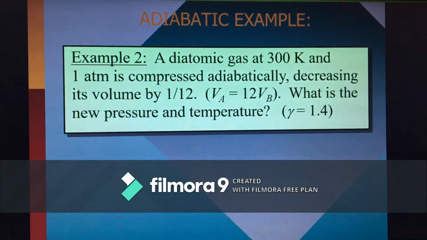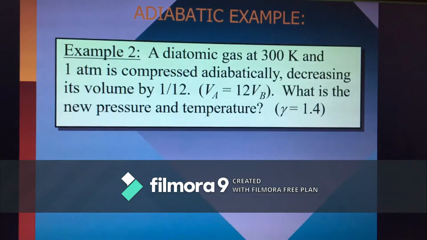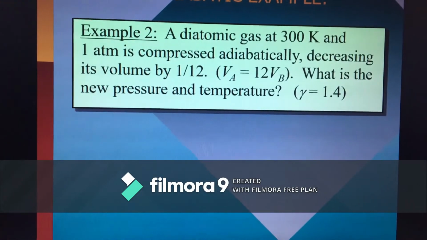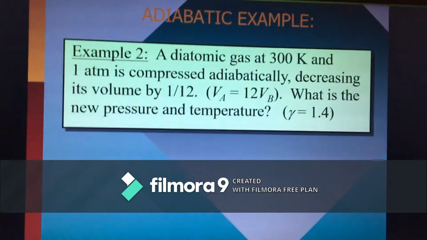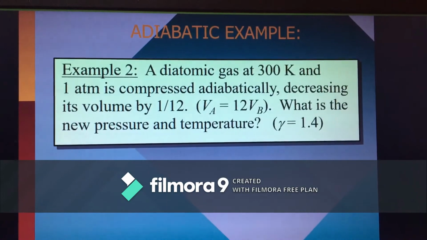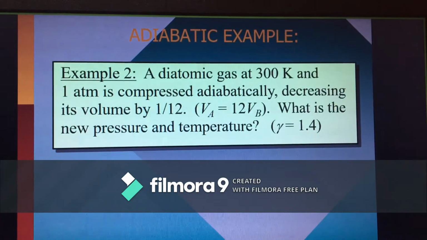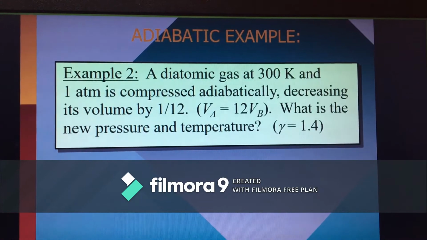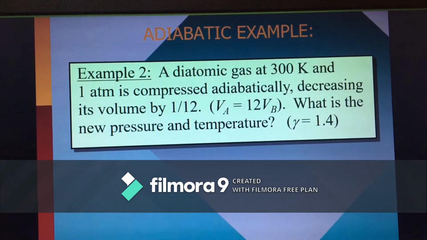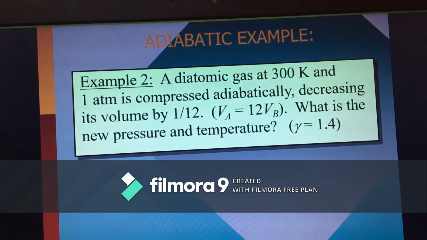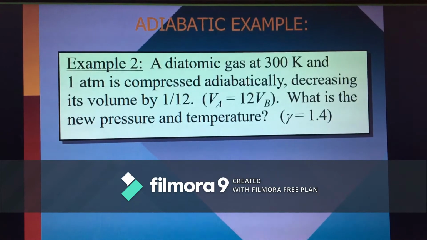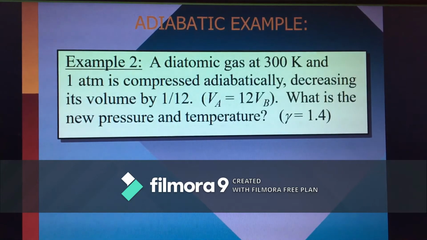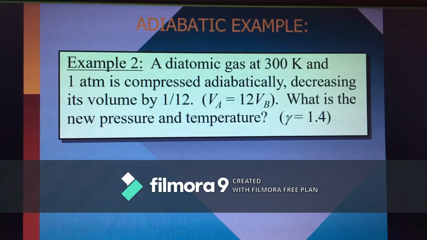Okay, so the next part, we have here an example of adiabatic problem. So example number 2, a diatomic gas at 300 Kelvin and 1 atmosphere is compressed adiabatically, decreasing its volume by 1/12.